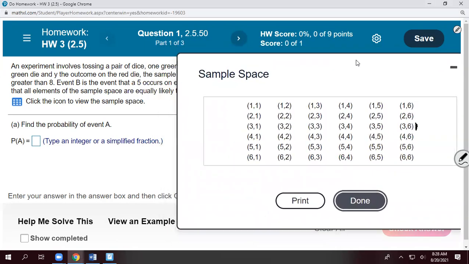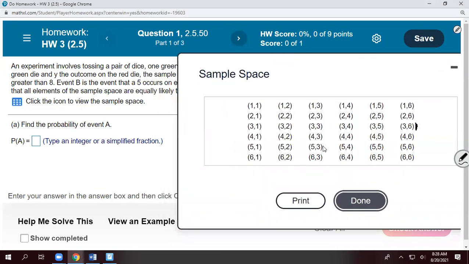So the sum of 3 and 6 is 9. And the next time you encounter a sum of 9 is 4, 5. If you carefully see, it's going to be this diagonal, this diagonal, this diagonal, and this. So these are the points where the sum is greater than 8.